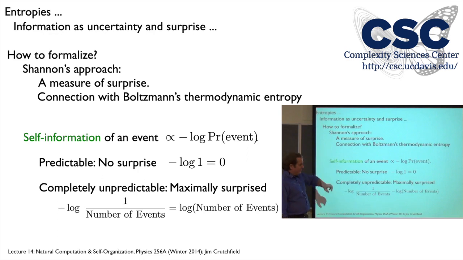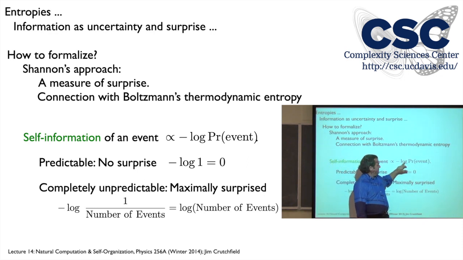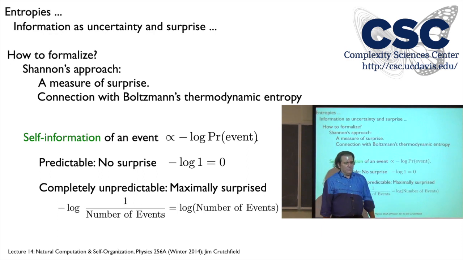Okay, so Shannon says, he's imagining we have some set of events, each with some probability of occurring. And he says the self-information of a particular event is the negative logarithm of the probability of the event. So, it was sunny today. Well, that's kind of predictable, close to 1.